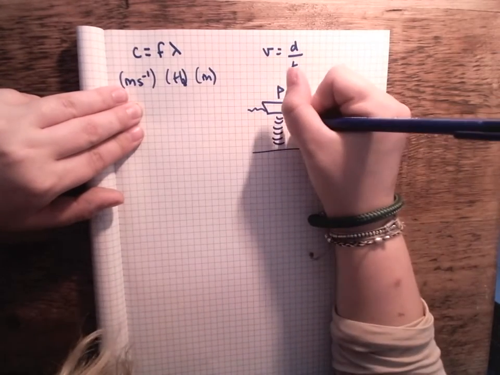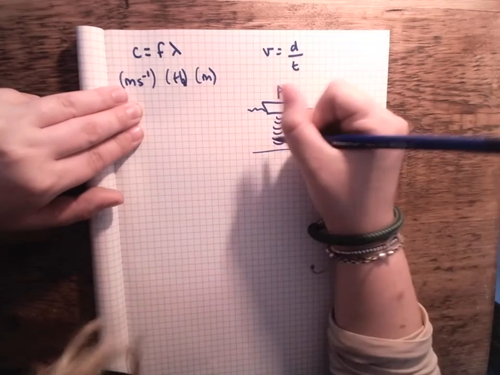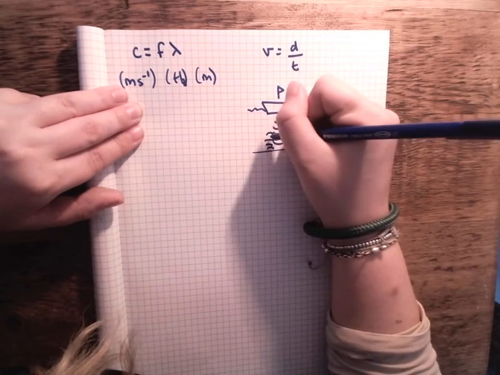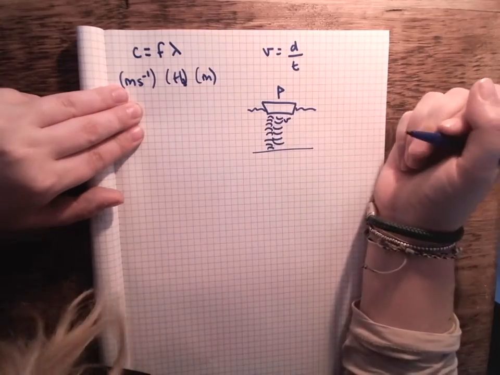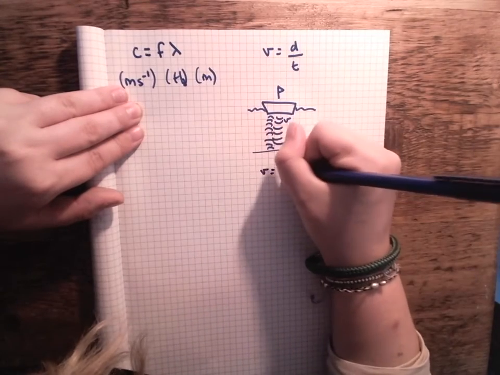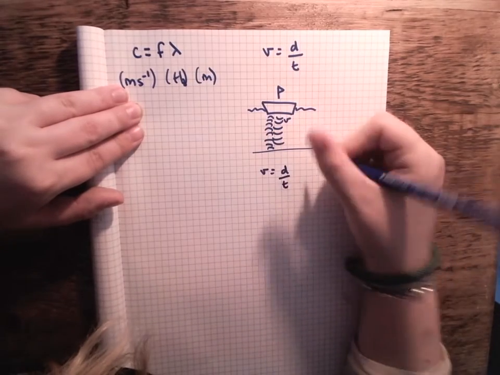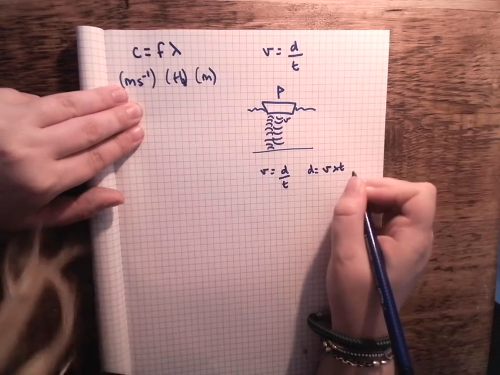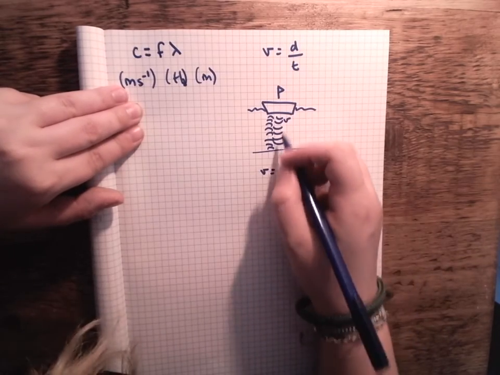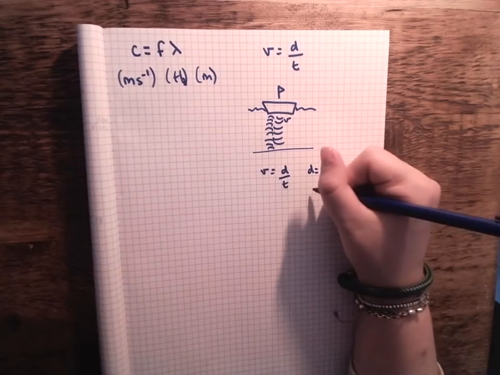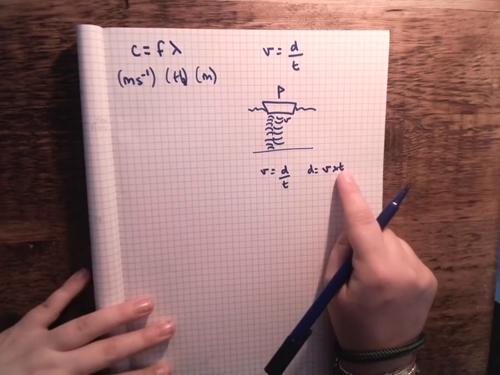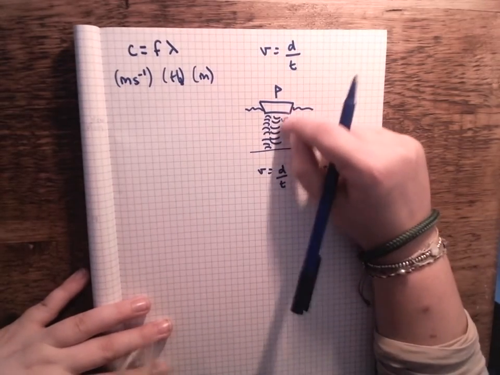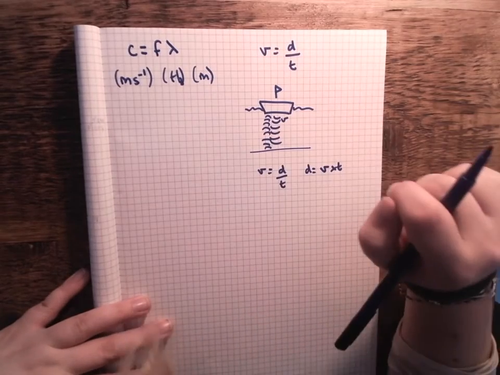It sends out a wave with speed v, and then it's going to reflect and travel back up. So speed is equal to distance divided by time, therefore distance is equal to speed times time. If we measure the time, and we know the speed of the wave, the distance is going to be the two multiplied together. If we wanted to work out the distance of the seabed, we would just have to half that answer.